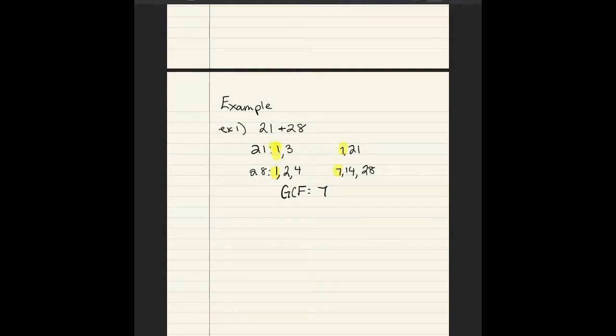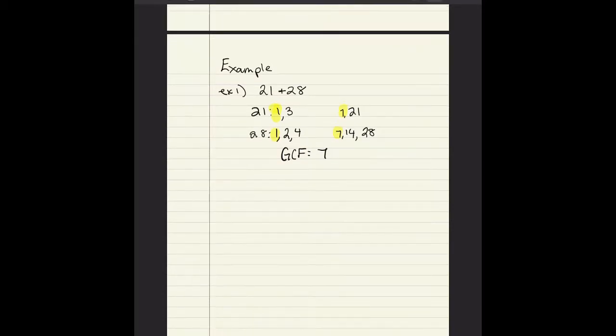Now I need to write this as a product. So I write my GCF first, and I'm multiplying. What do I multiply by 7 to get 21? I multiplied it by 3. And what do I multiply by 7 to get 28? 4.